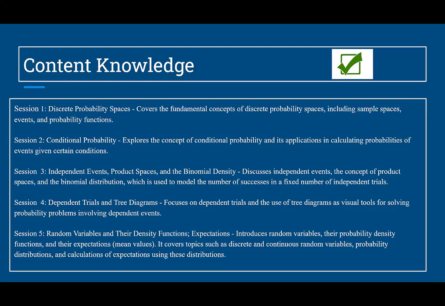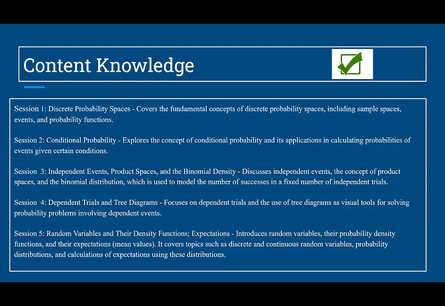Conditional probability explores the concept of conditional probability and its application in calculating probabilities of events given certain conditions. Independent events, product spaces, and the binomial density discusses independent events, the concept of product spaces, and the binomial distribution, which is used to model the number of successes in a fixed number of independent trials.